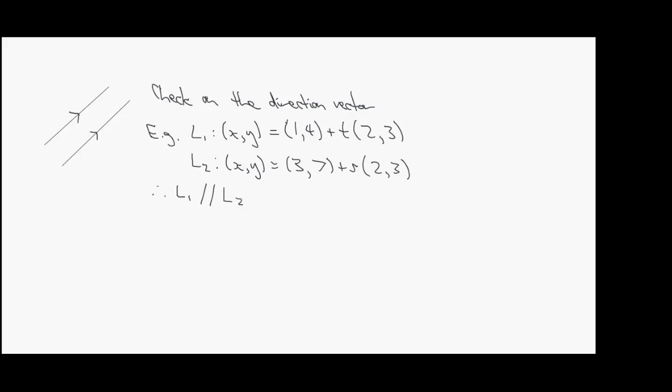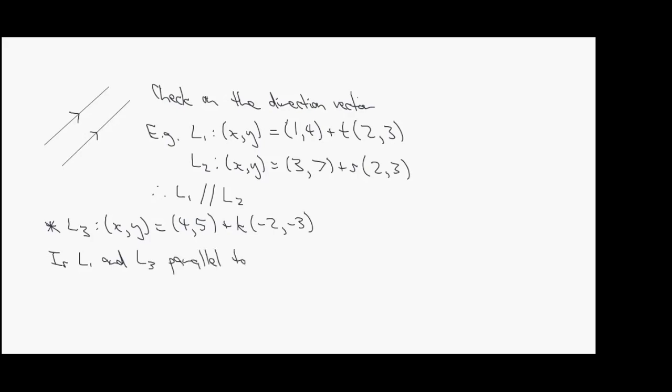Here's another thing to note. The question is not done yet. Let's say line 3, x, y equals 4, 5 plus k times -2, -3. Would you also say line 1 and line 3 are parallel to each other? The answer is definitely yes.